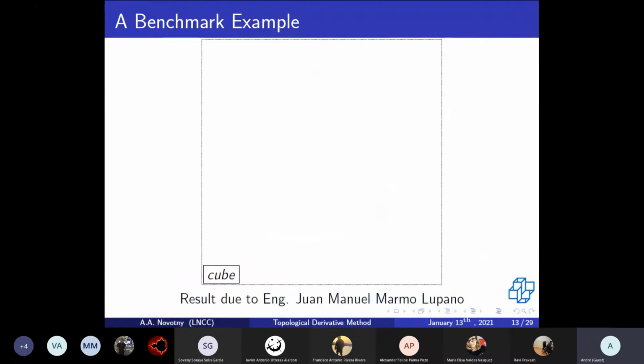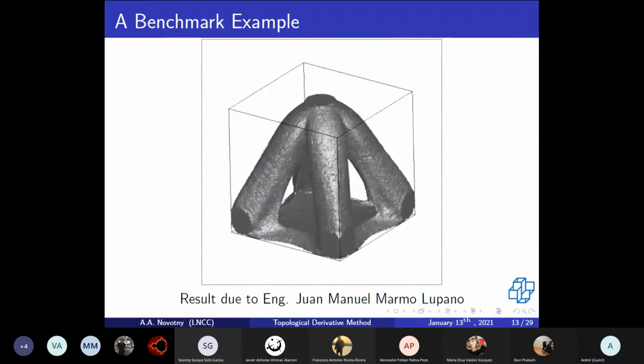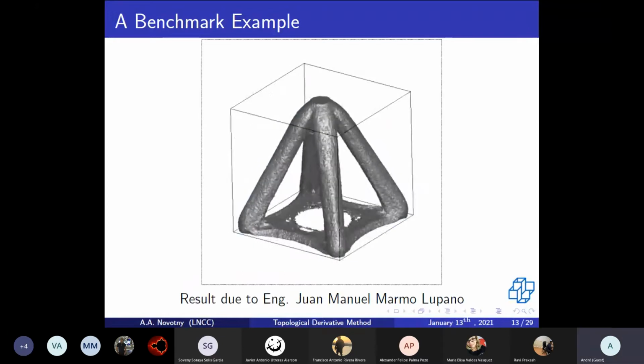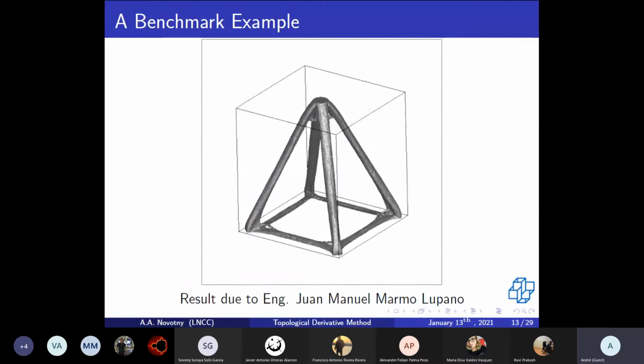So if we do it in an iterative process, we get this kind of solution. So the idea here, we introduce a small hole, for example, according to the topological derivative field.